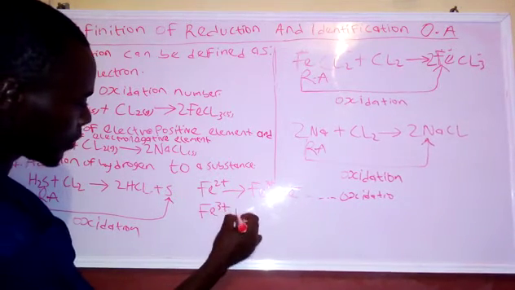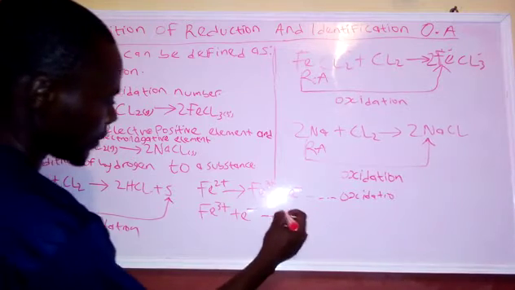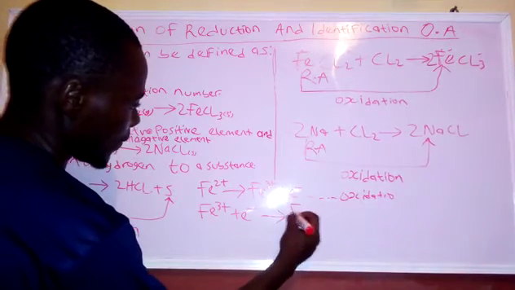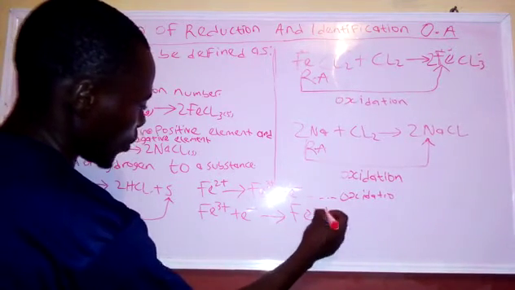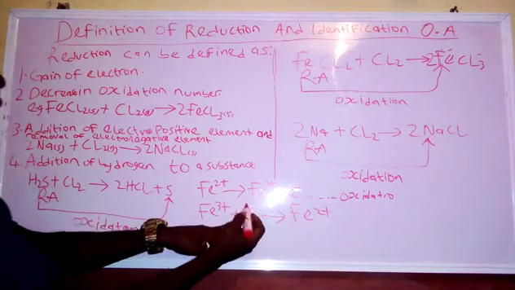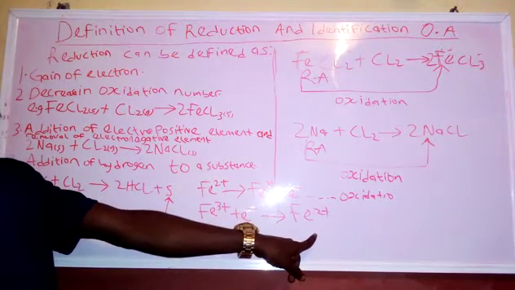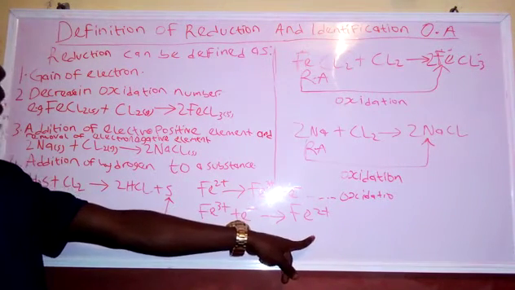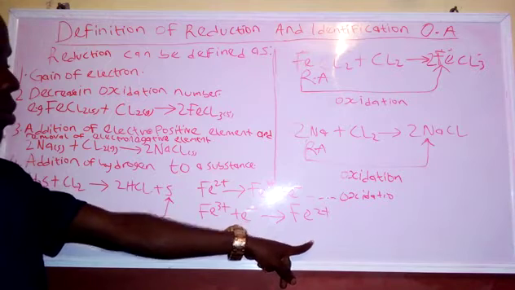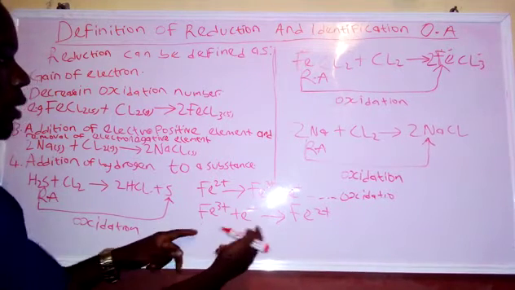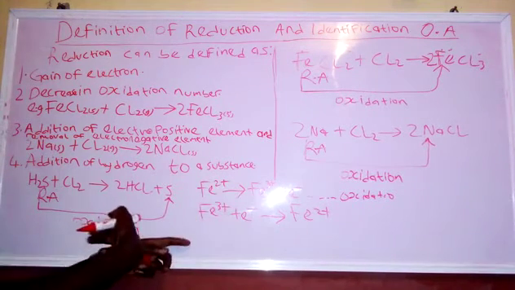Fe3+ plus e minus gives Fe2+. Is it balanced? We have minus 1 plus 3, that's plus 2. That's how we have Fe2+. Do you get what I'm saying? It gains an electron. Can you see this gain?